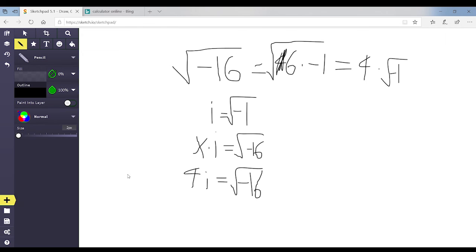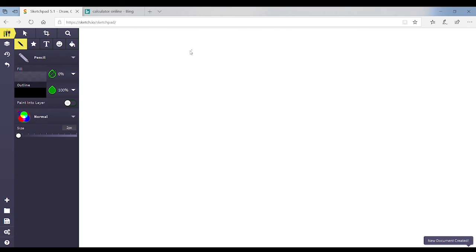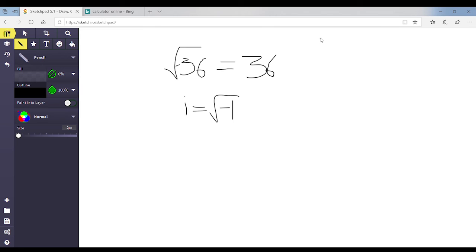Does that make sense? Let's do another one just for good measure. Let's say the square root of negative 36. If i equals the square root of negative 1, then the square root of negative 36 is equal to the square root of 36 times negative 1, which is 6 times the square root of negative 1, which is equal to 6i.